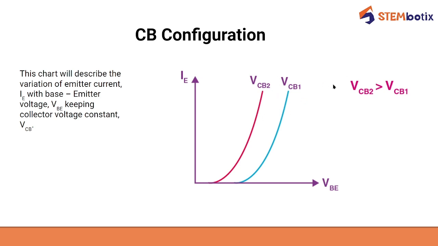This chart describes the variation of emitter current IE, the input current, with base emitter voltage VBE, keeping the collector voltage constant.